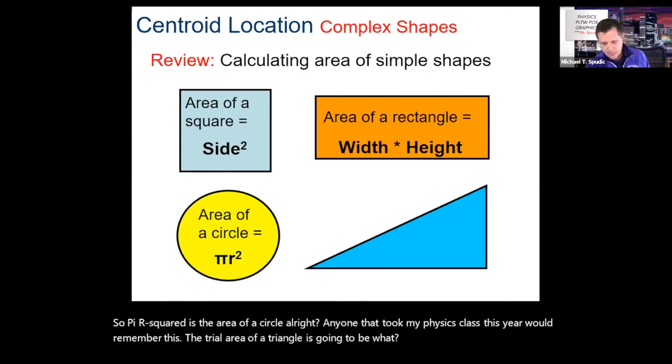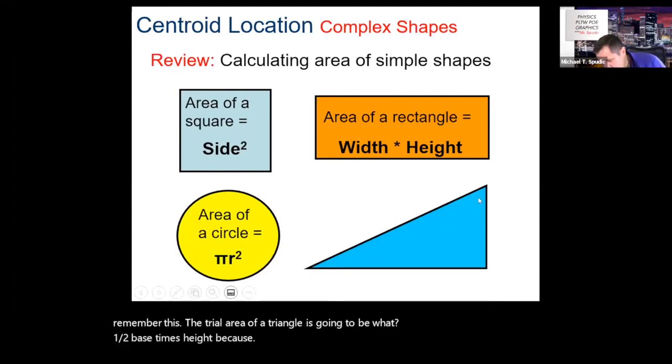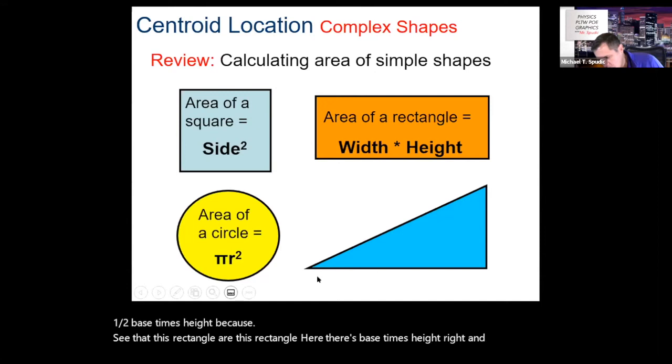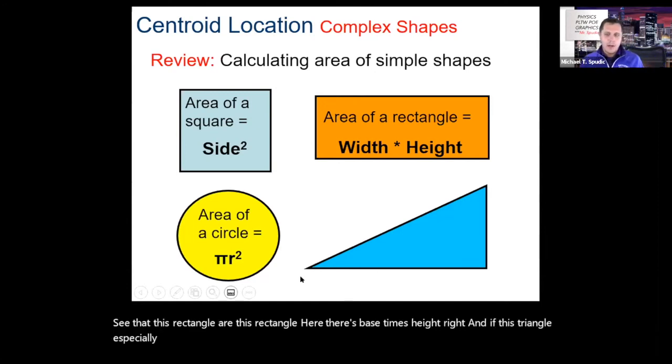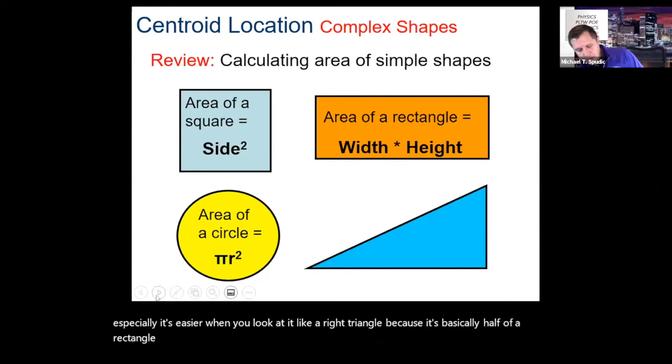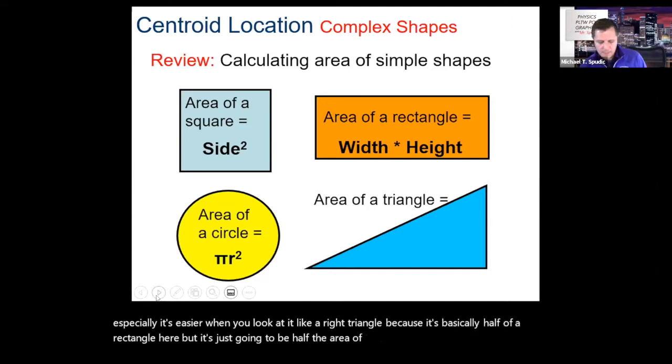One half base times height, because this rectangle here is base times height, and a triangle, especially a right triangle, is basically half of a rectangle. So one half base times height will get you the area of a triangle.